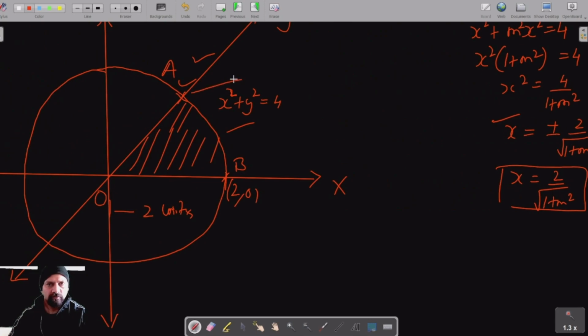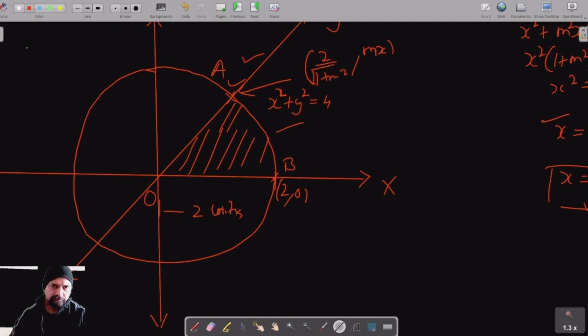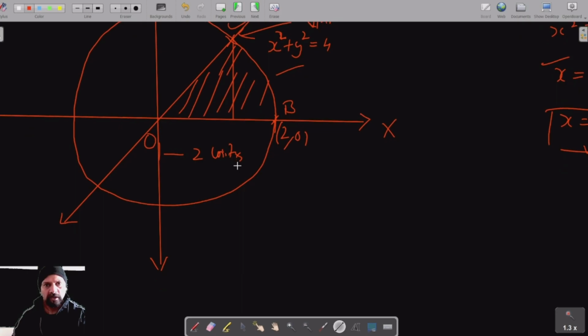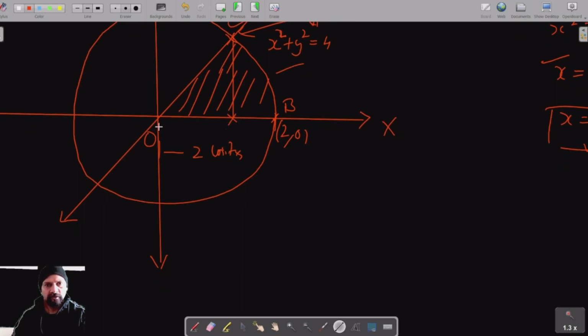So the coordinates of the point of intersection are 2 upon under root 1 plus m square, and the y coordinate is mx. So that means we can divide this region into two parts at this point of intersection.